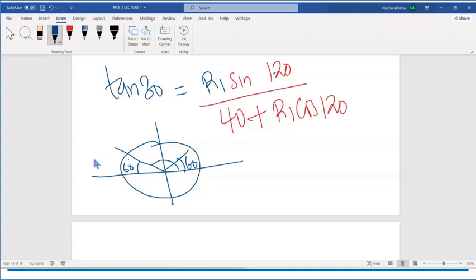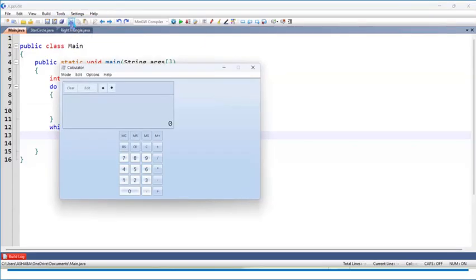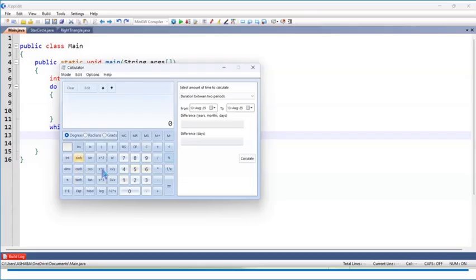So it's the same as if I'm taking a cosine of 60. So let's come back here and say 120 and we take a sine. So that is 0.86, okay, which is the same as sine 60.